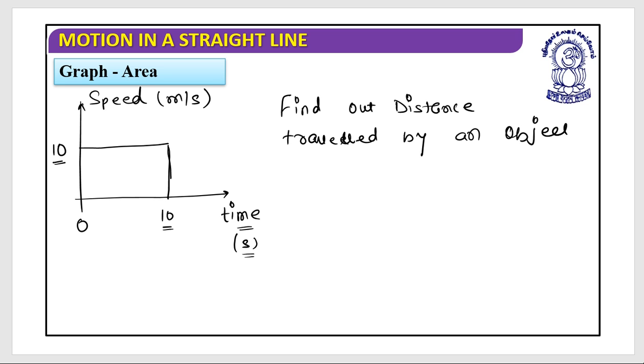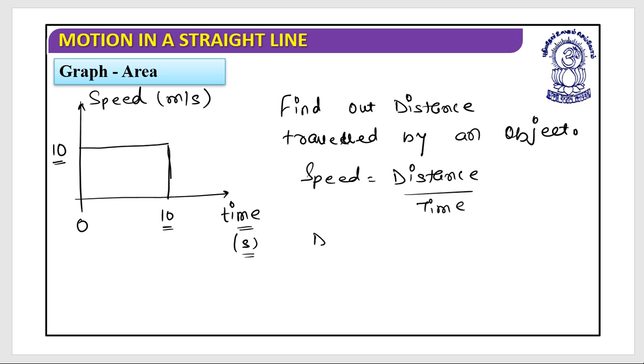You need to find out the distance traveled by an object. Now think, do we have any relation which can relate speed, distance, and time? The answer would be yes, sir. We have this: speed is equal to distance divided by time.